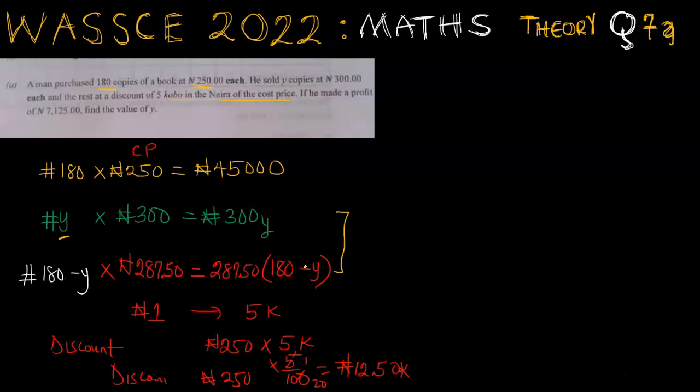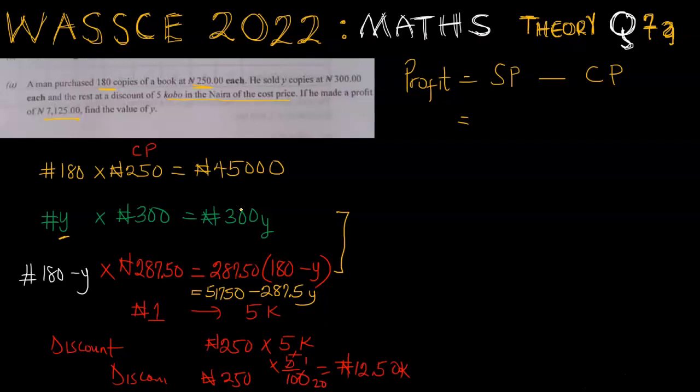And of course, I can just remove the bracket here, and this is going to be equal to 51,750 minus 287.5Y. Thus, since the man made a profit of 7,125, we know what the profit is. The profit is just the difference between the selling price and the cost price.